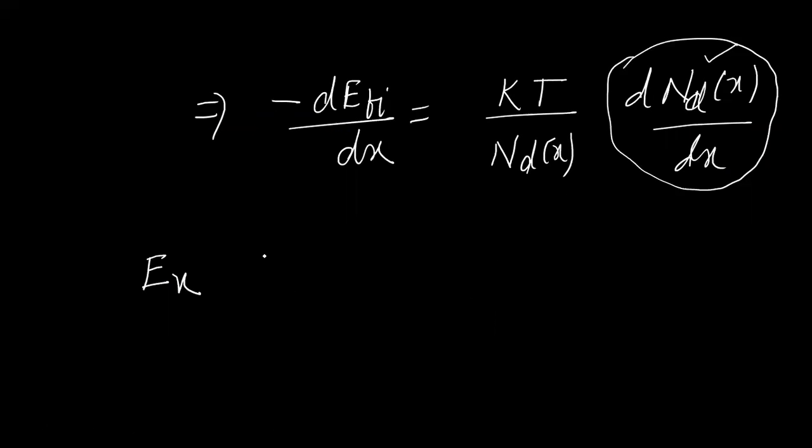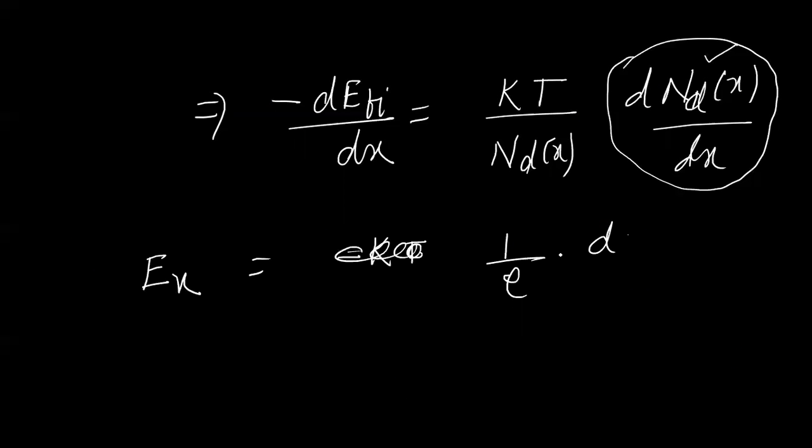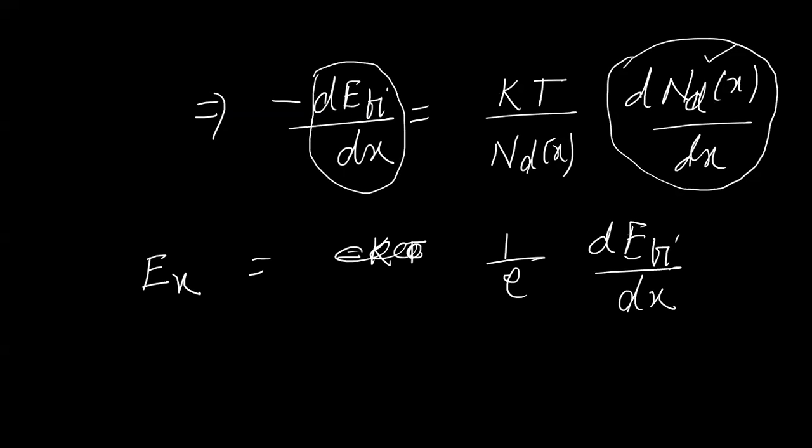So we need to substitute in that. The electric field we just derived was minus 1 by E, and DEFI by dx. Substitute that, DEFI by dx, as minus kT by Ndx, the rest.